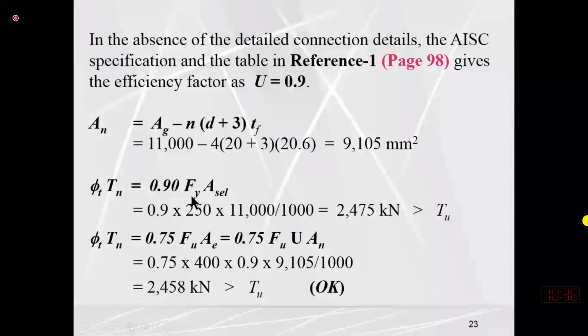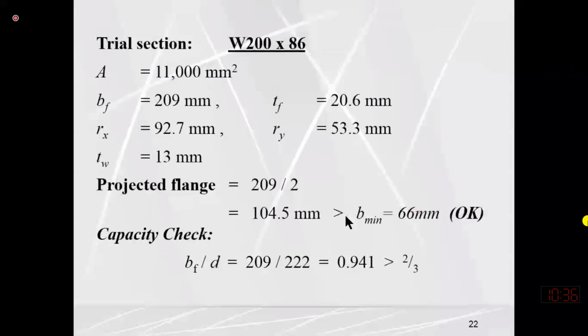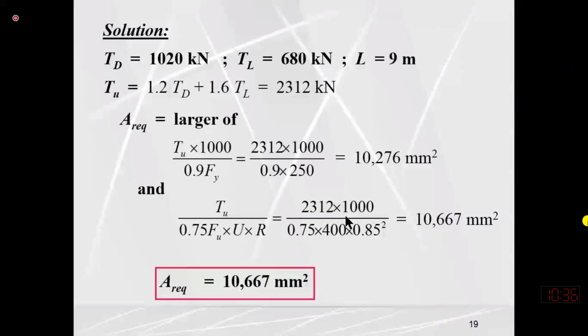We divide it by 1,000 to convert into kilonewton. So this capacity is 2475. What was our factored load? The factored load is 2312. So the factored load is less than the capacity, meaning it is safe in yielding.